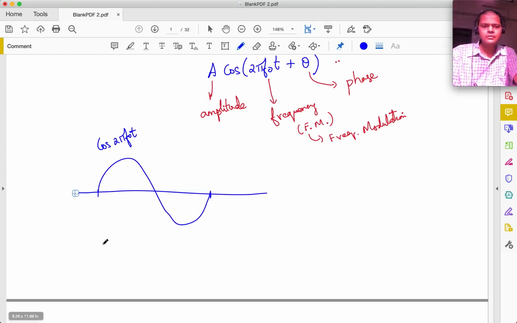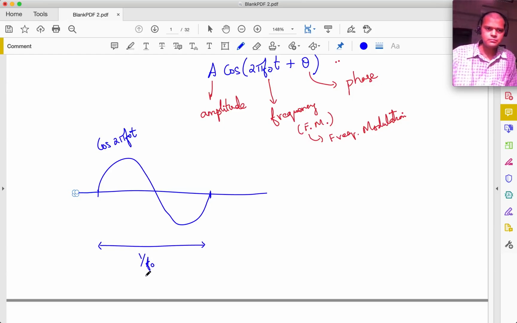Okay. And where this is one time period. Okay, so one time period would be one wavelength, it would be 1 over f0. Okay. And suppose I change the phase by 180 degrees.